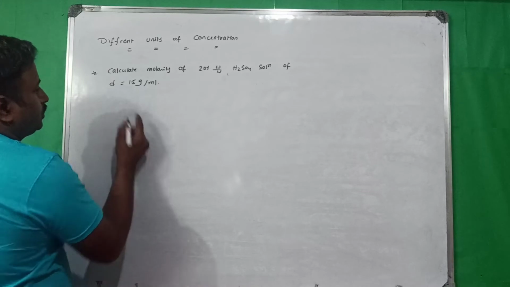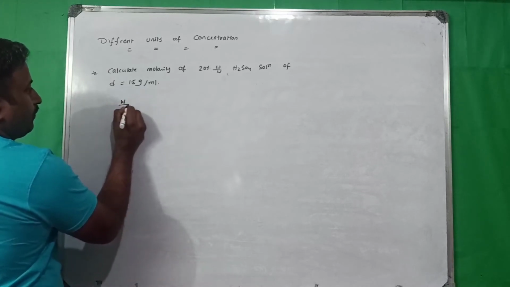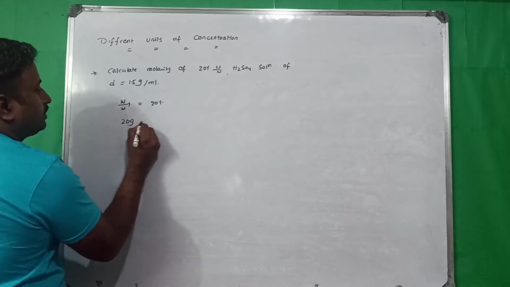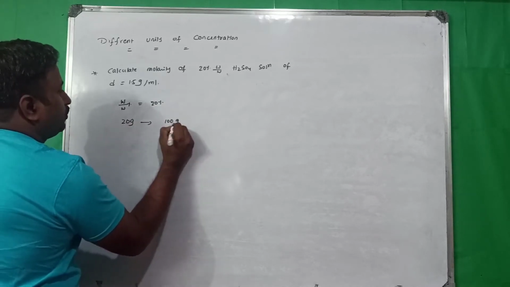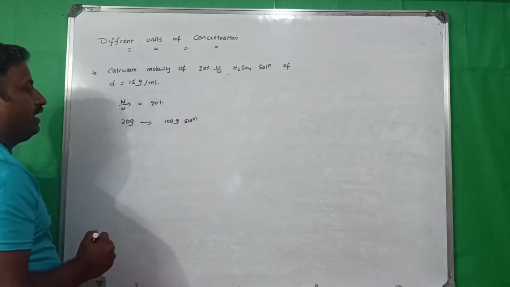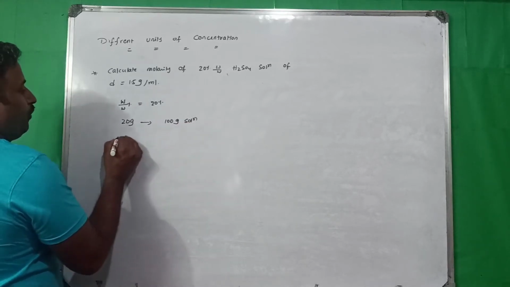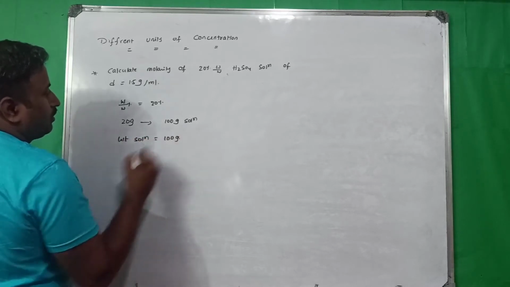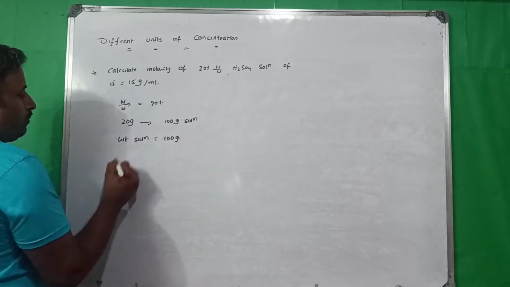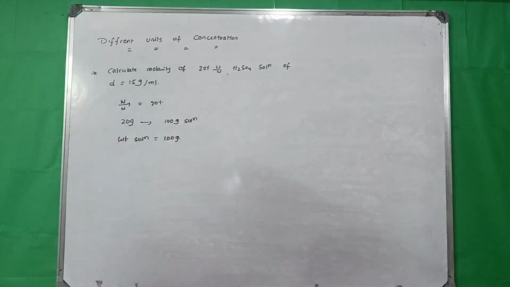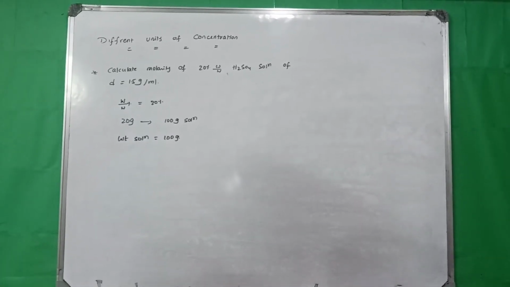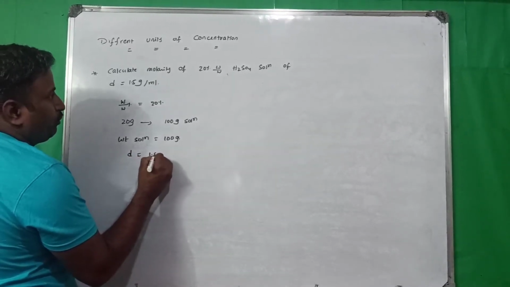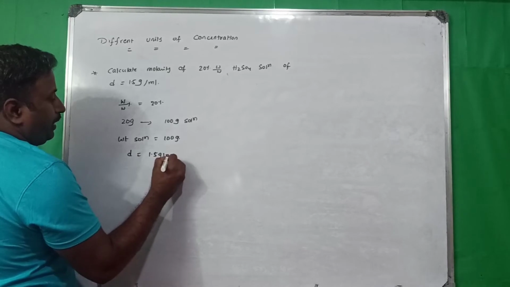Density is given. The weight by weight percentage given is 20%. That means 20 grams in 100 gram solution. Now the weight of solution is 100 grams, and the density is 1.5 gram per ml.